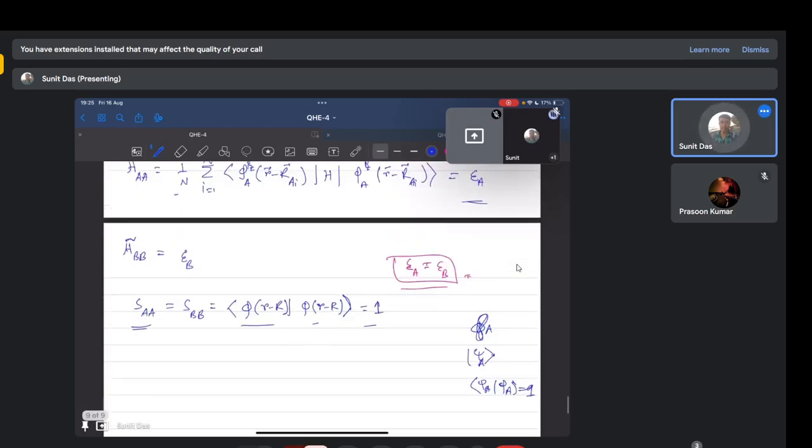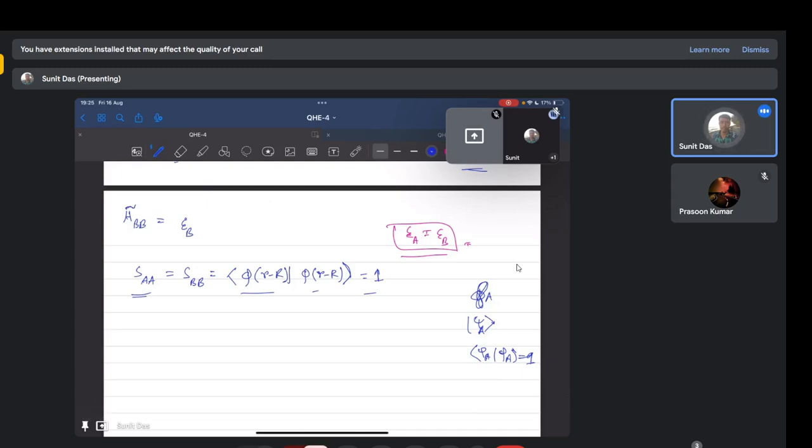Now HAA tilde and HBB tilde do not represent the hopping probability.